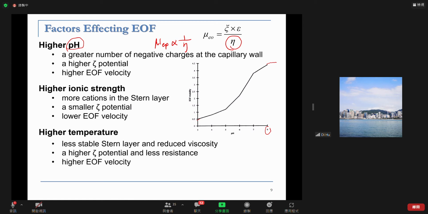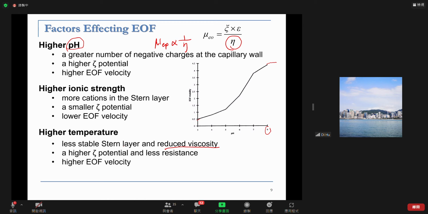Okay, and then, so that means increase the temperature, and we reduce viscosity. Okay, at the same time, so make the stern layer, the fixed layer, less stable. And some of the tides in the fixed layer may escape, go to the mobile layer.